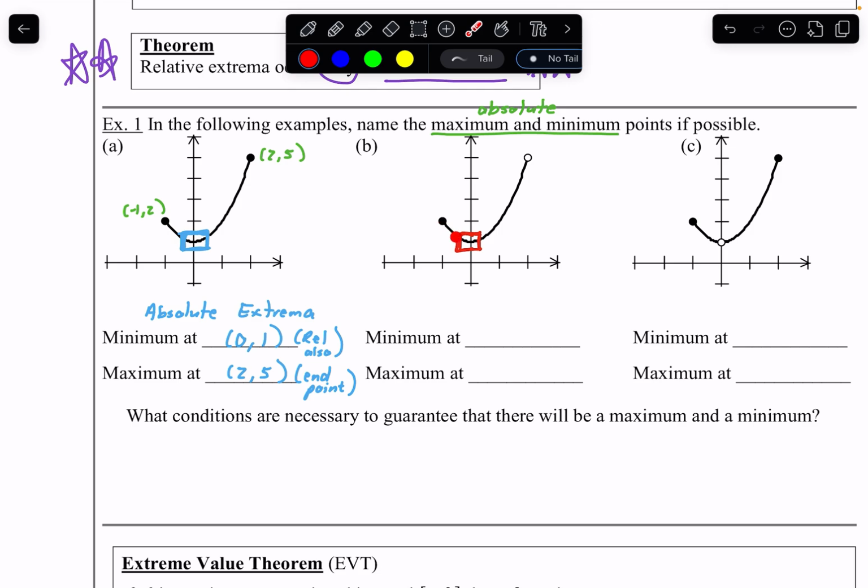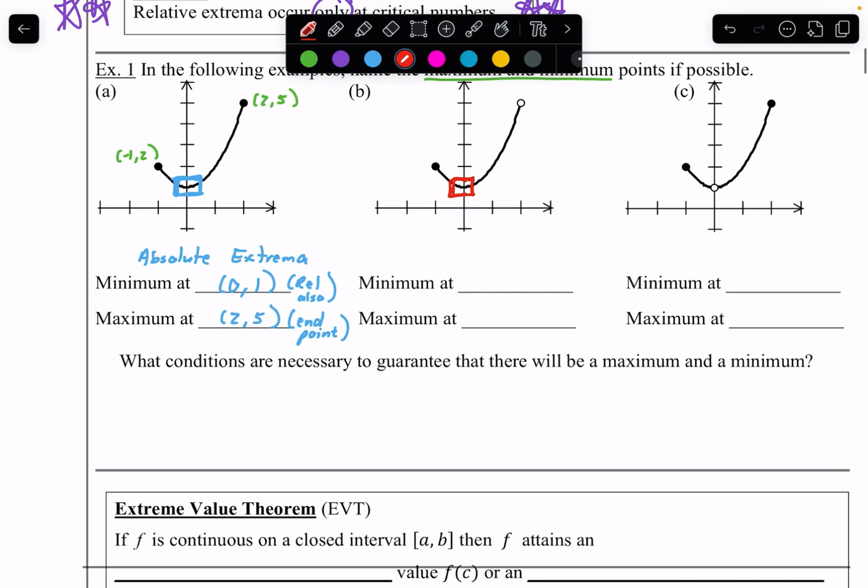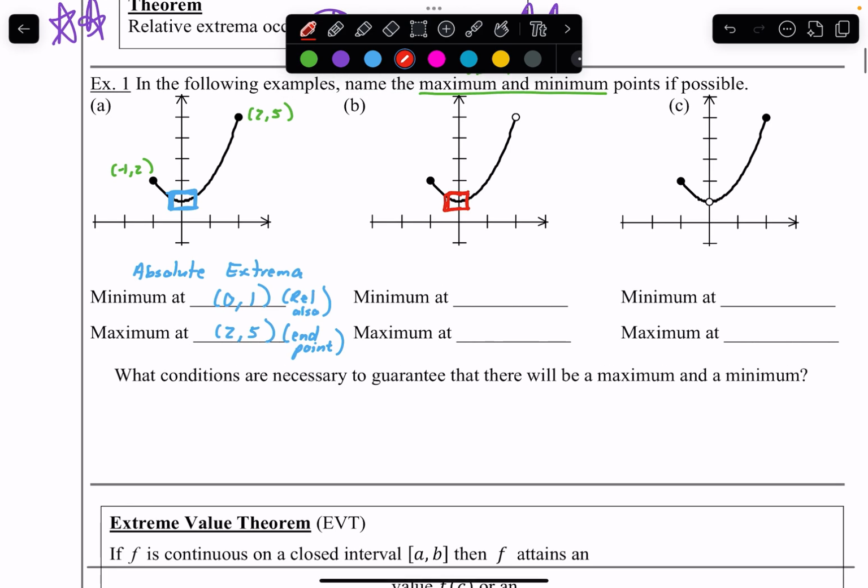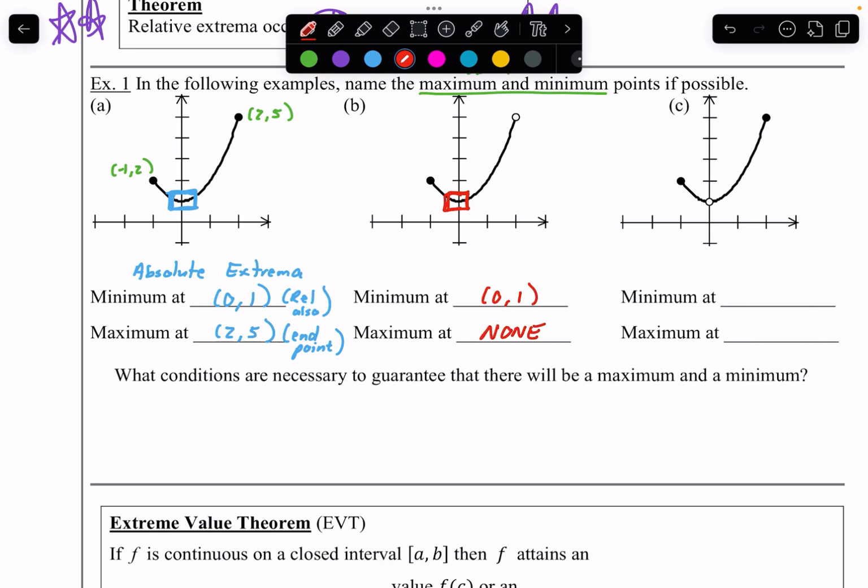Technically, relative to the points around it, this is higher, but because it's an endpoint, we're not going to label it as such. Okay, endpoints are kind of their own little world, and they've got some nuances to them, so we're going to be really careful around endpoints. Okay, but the minimum I can define. The minimum's at 0, 1, but I don't have a maximum that I can actually define.